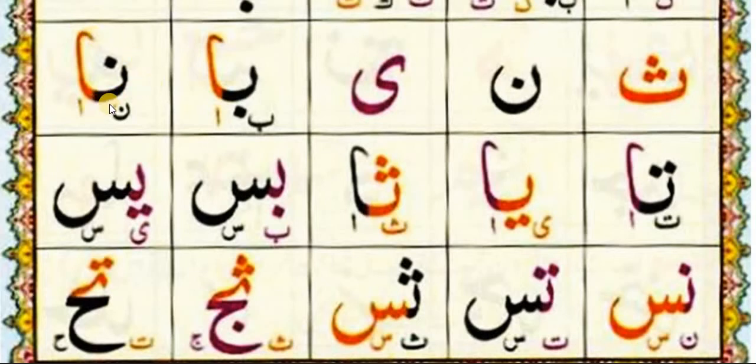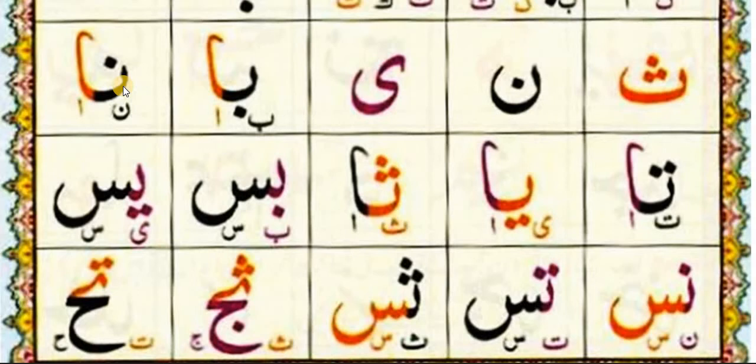Here is the short form of noon because it has one dot at the top, connected with alif. It looks like zal or za, but we can't read it za or zal because we cannot connect za and zal in the beginning of the word. So here in the beginning it is noon.